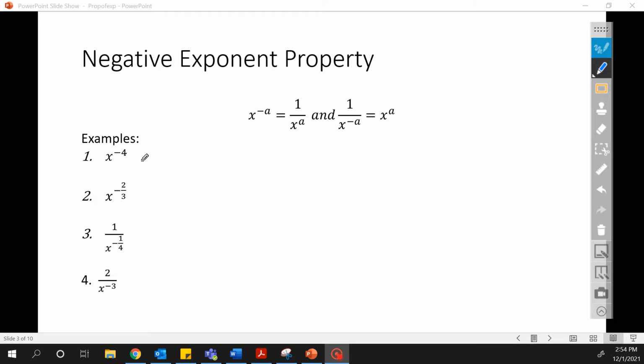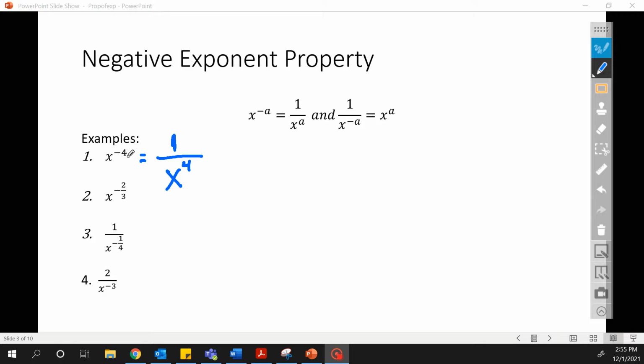All right, so for example, x to the negative 4th power. The negative exponent is currently in the numerator, so if we want that exponent to be positive, we need to put it in the denominator. Since there's nothing in the numerator anymore, we'll put a 1 up here. If there's nothing in the numerator remaining, you will put a 1.